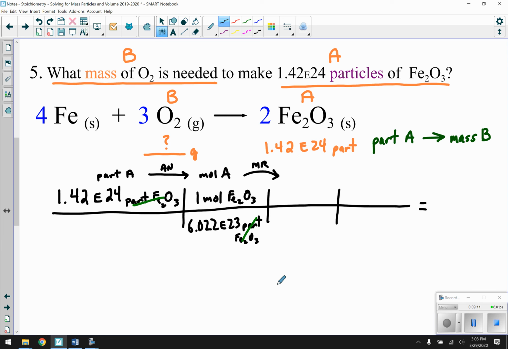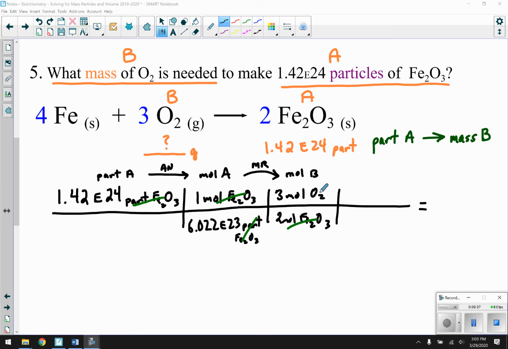Once again, it's the coefficient of B, 3 moles of oxygen from the balanced equation, for every 2 moles of Fe2O3. Moles of Fe2O3 cancel out, and lo and behold, the magic mole ratio did its trick once again. Now the units left over are in terms of moles of substance B.